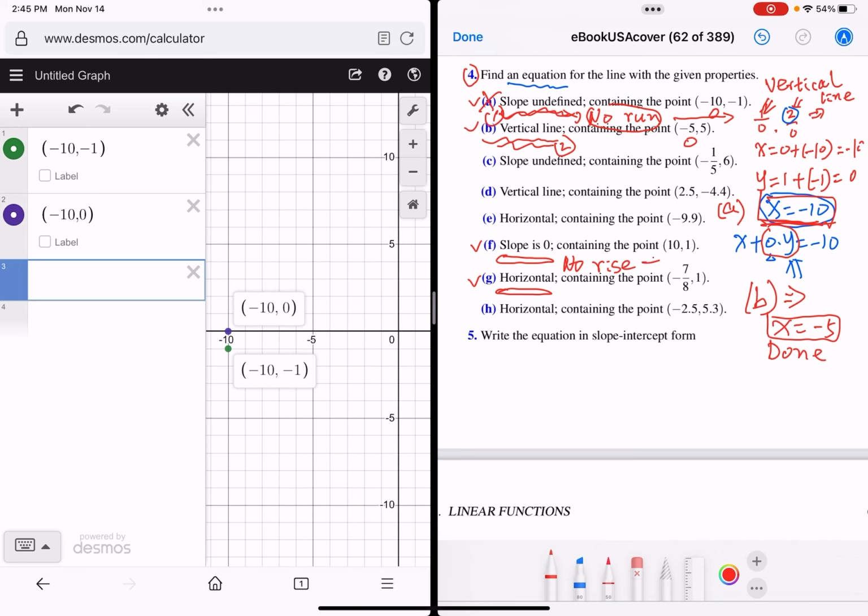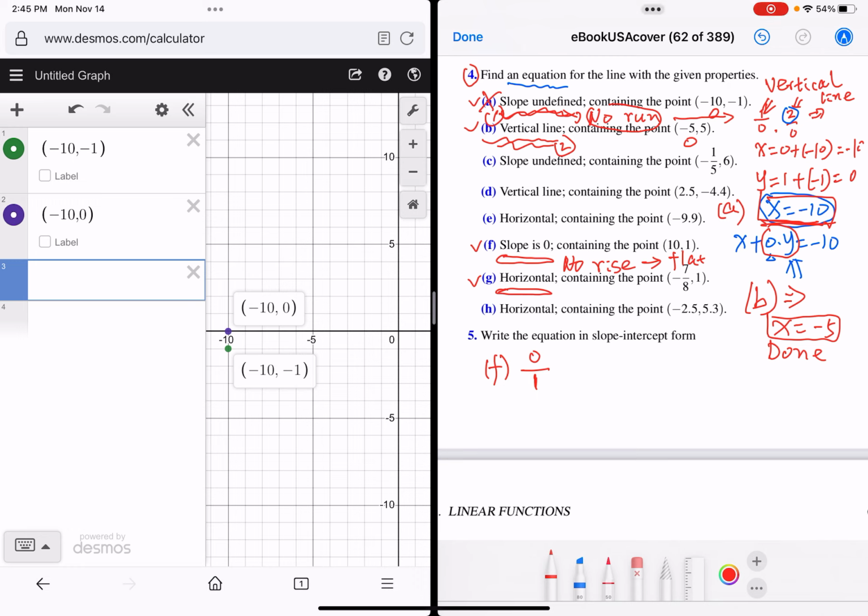No rise means flat. Algebraically, if you want, you may think that slope is 0, so the numerator is 0. The denominator can be anything, 1 or 2. I just put 1 here.